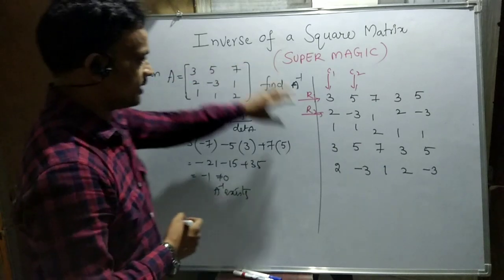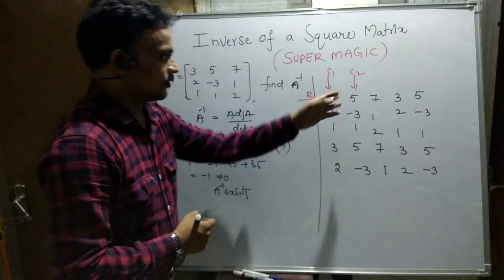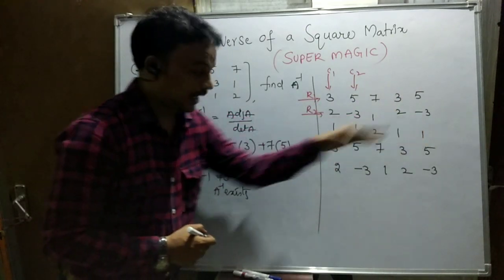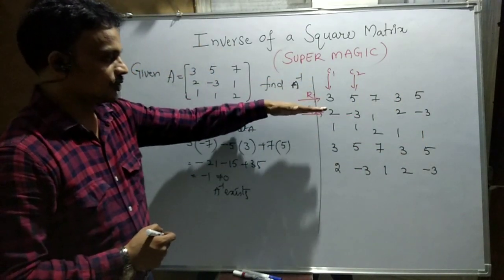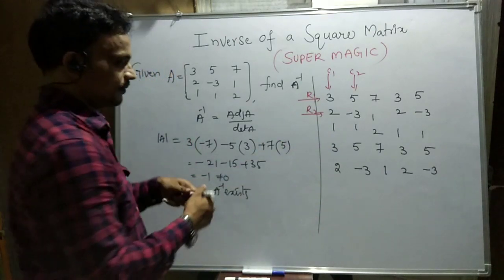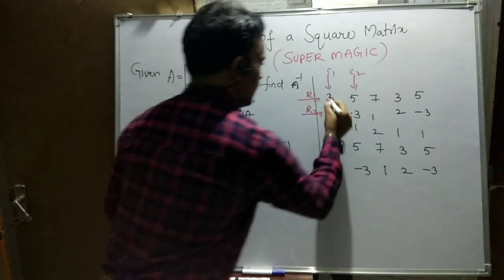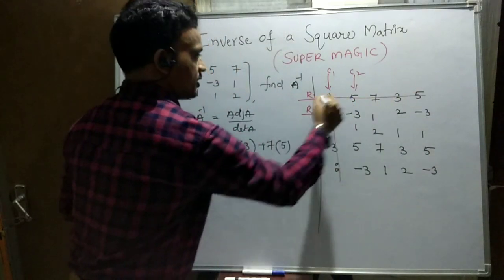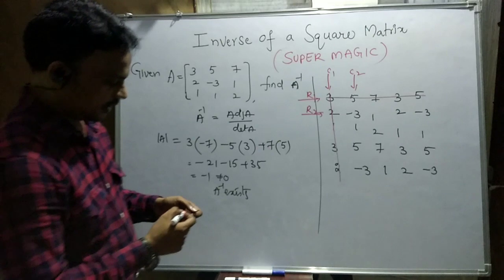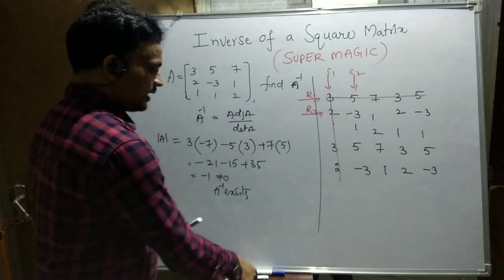So first the matrix as it is, then the first two columns again, and row 1 and row 2 again. Then we are going to remove the first row and first column. Then I am going to write the adjoint matrix.